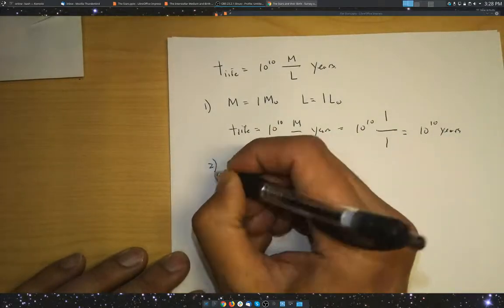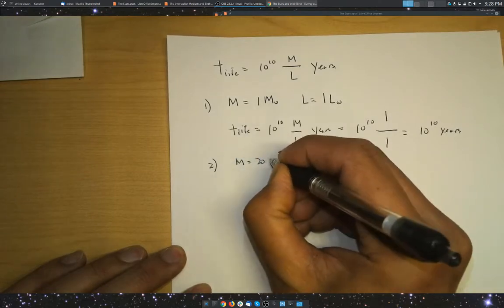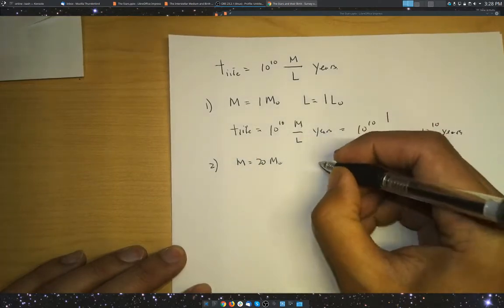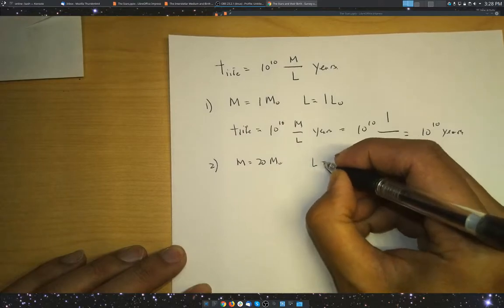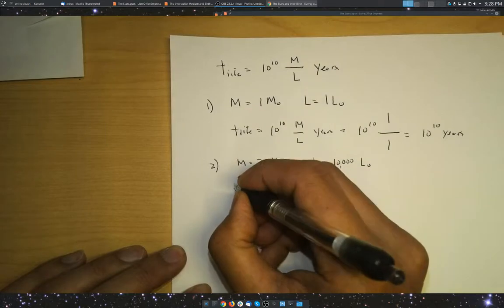Number two: the star has 20 solar masses. M is equal to 20 solar masses, and L is equal to 10,000 solar luminosities. Let's write the formula again.